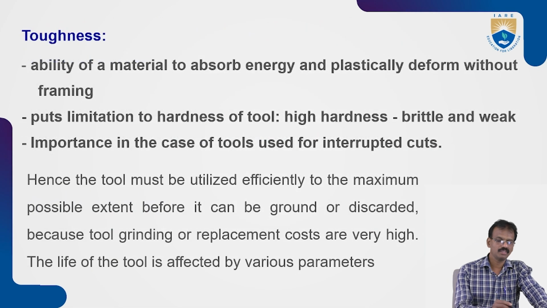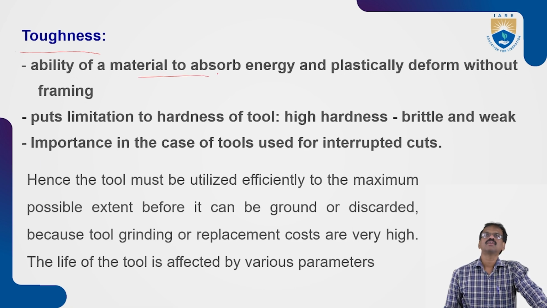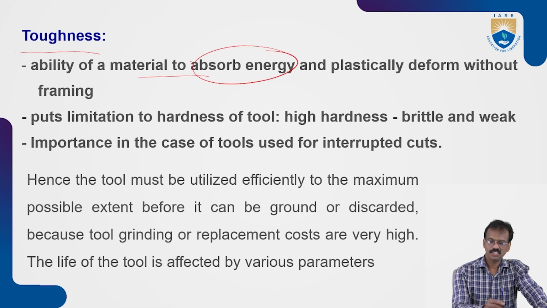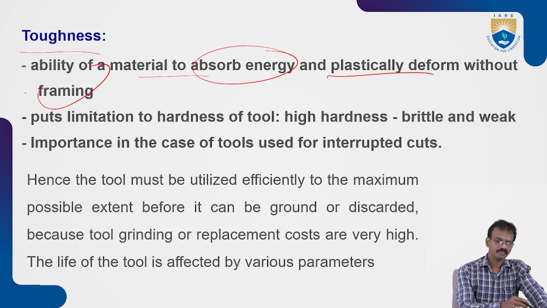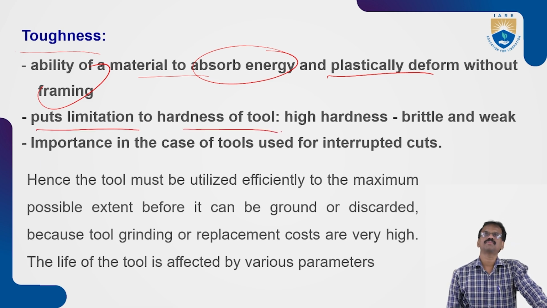So next one, toughness is also very important. It is the ability of a material to absorb energy and plastically deform without fracturing. So it puts a limitation on the hardness of the tool.